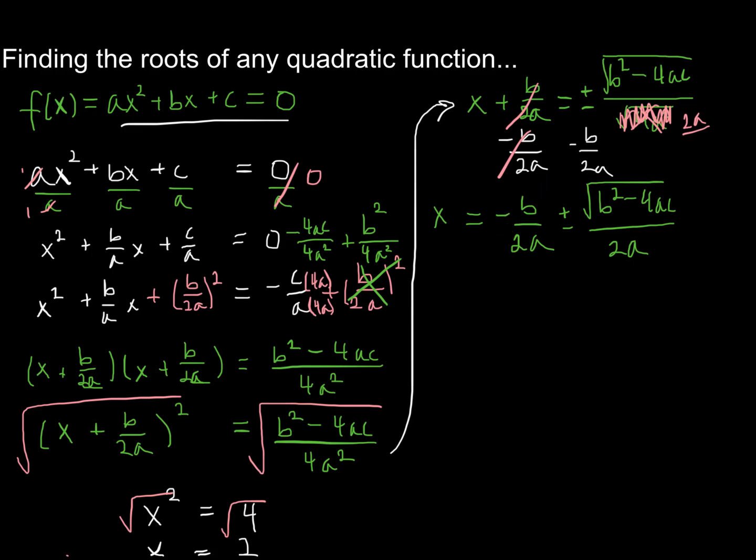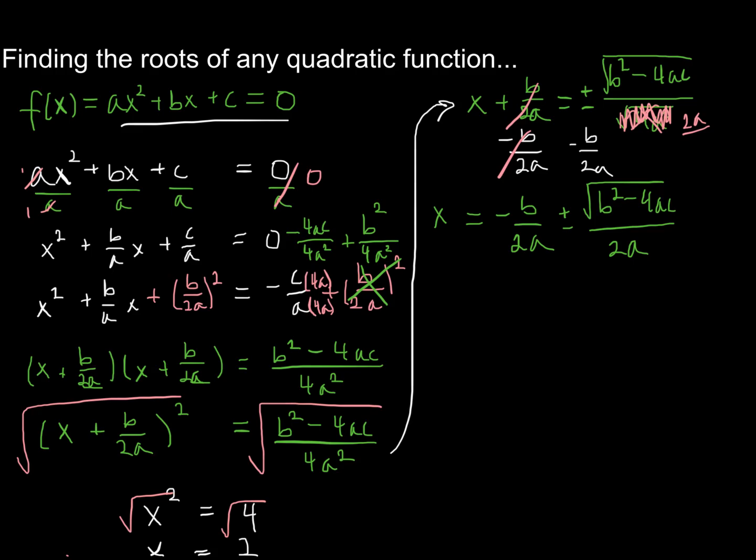But you can actually simplify this a little more because both of these have the same denominator here. So what you really have is negative b plus or minus the square root of b squared minus 4ac all over 2a. Okay, but either way will work just fine, but we'll go ahead and clean it up just to make it a little more neat.